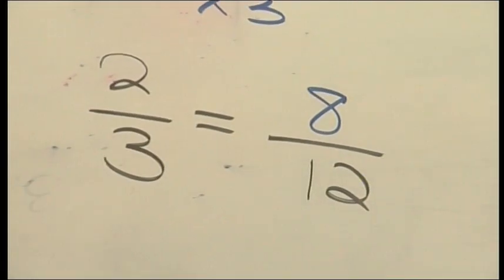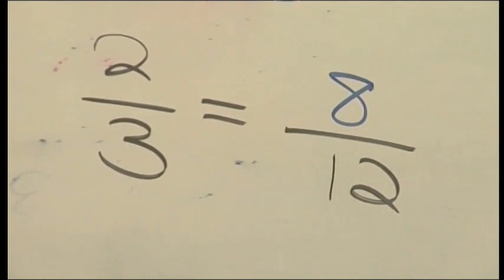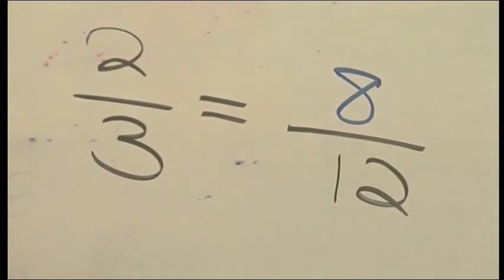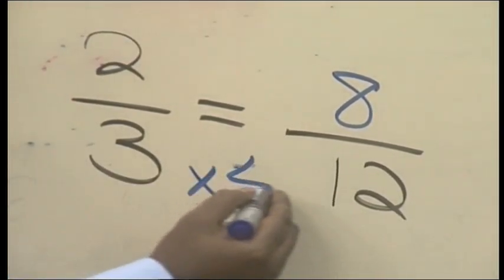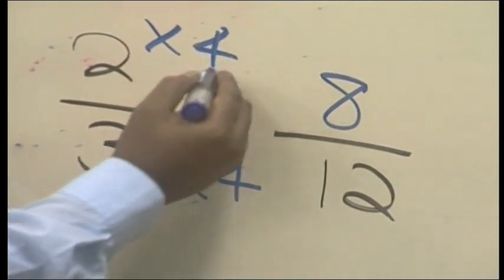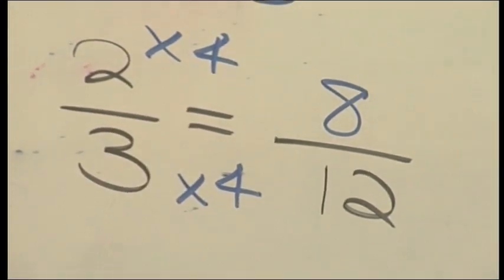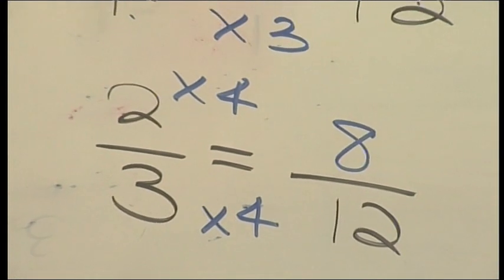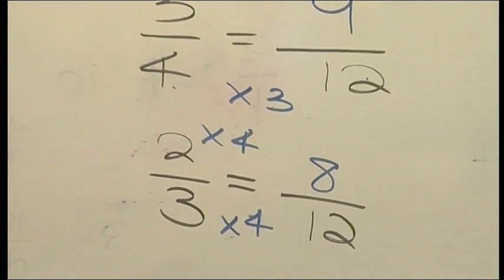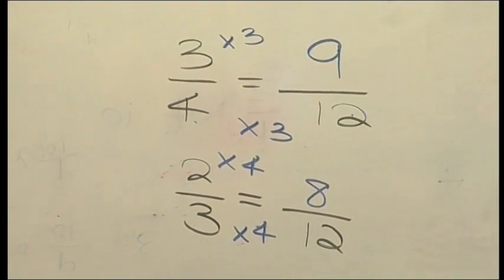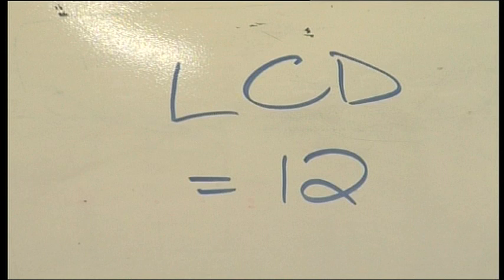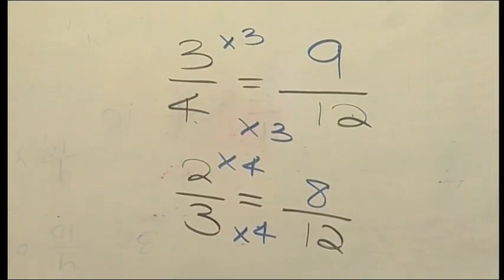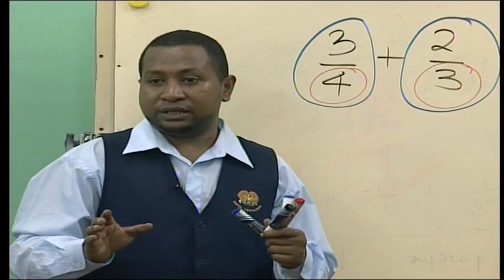Very good. Now, what number did we use to multiply the numerator and the denominator? 4. So 3 times 4, 2 times 4. Okay. Now we have found the two equivalent fractions for these two fractions using the lowest common denominator 12. The next step is we are going to add the two fractions.